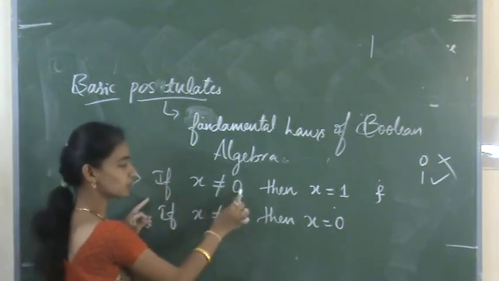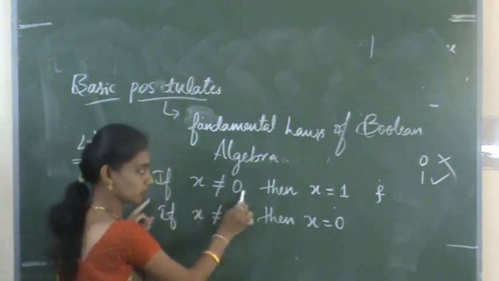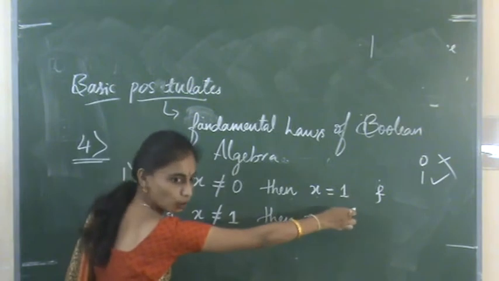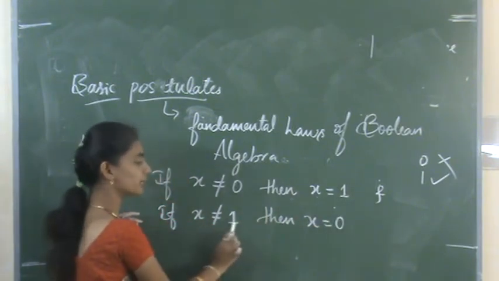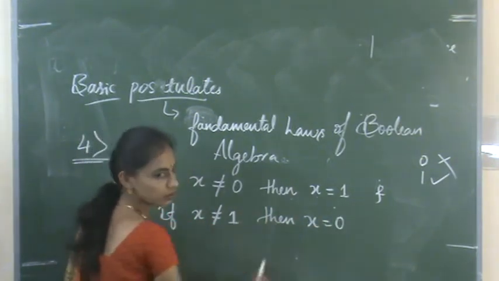If x is not equal to 0, then x is equal to 1. If x is not equal to 1, then x is equal to 0.